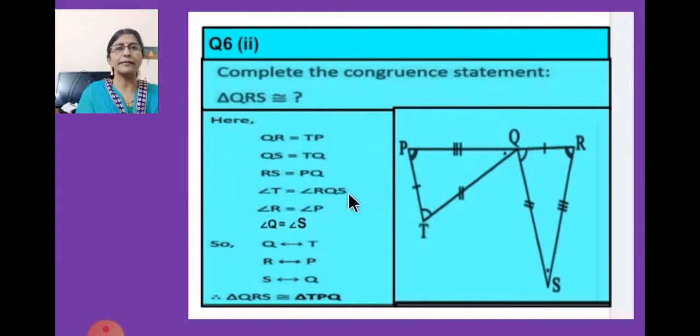TP is this one. So QR is equal to TP. Same way QS is equal to TQ. QS you can see here 2 lines are there. So QS is equal to TQ. And then RS is equal to PQ. RS is here. It has 3 lines and it is equal to this side PQ.